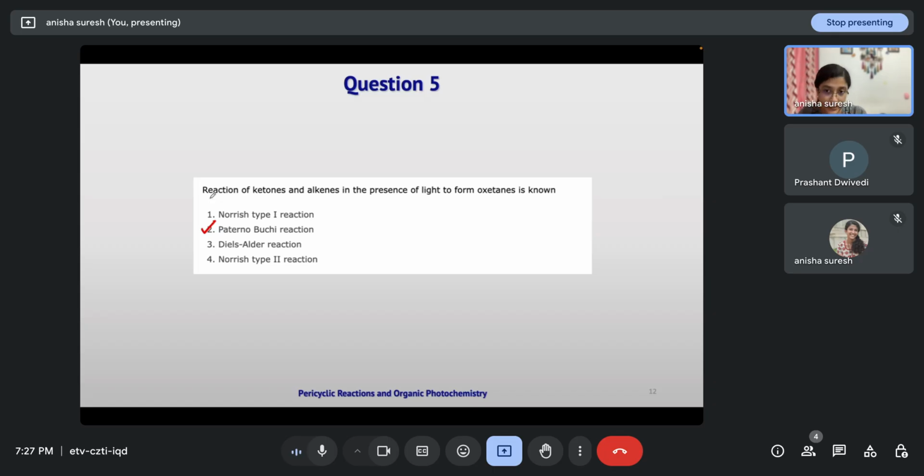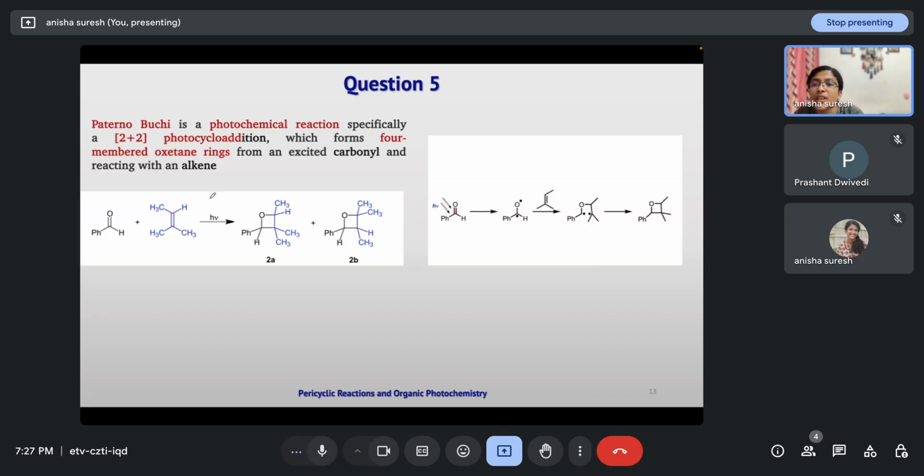So how is the Paterno-Buchi reaction taking place? It is a photochemical reaction, specifically a 2 plus 2 photocycloaddition, which forms four-membered oxetane rings from an excited carbonyl that is reacting with an alkene. So this is how the reaction will be taking place.